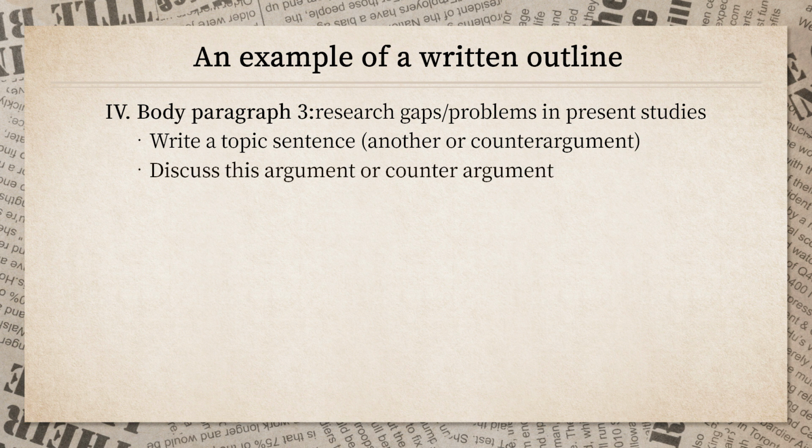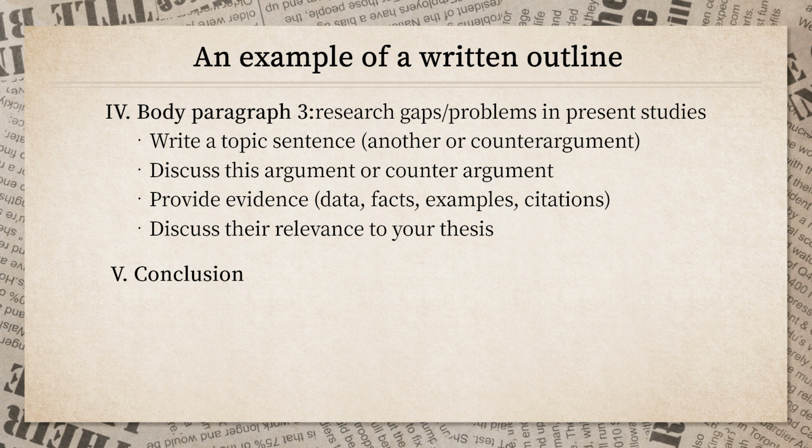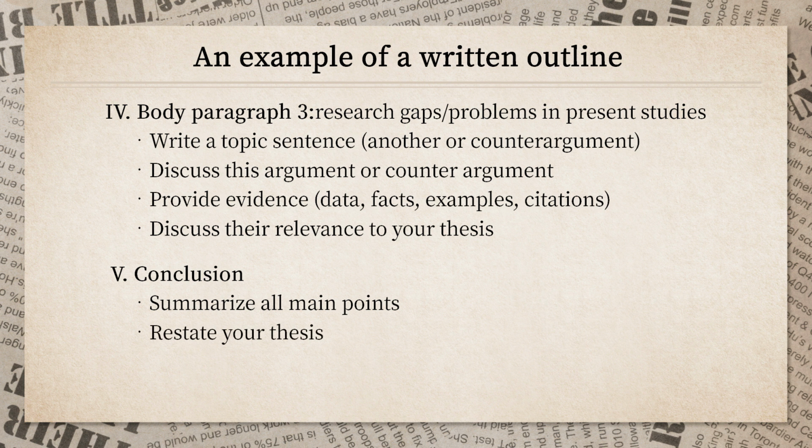And you discuss the argument and the counter-argument in greater detail, and you provide evidence, that could be data, facts, examples, citations, and then you discuss their relevance to your present thesis. And then you have a conclusion, in which you summarize all the main points above, and you state your thesis relevance to your study, and you highlight the necessity or significance of your present study or whatever.